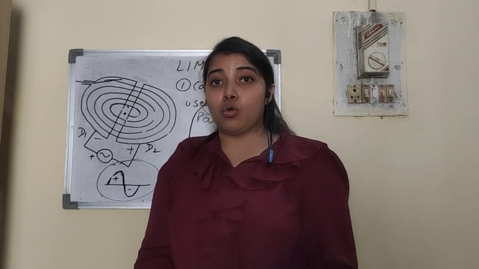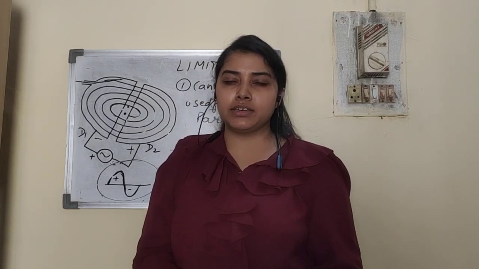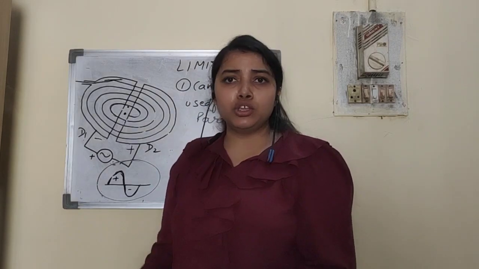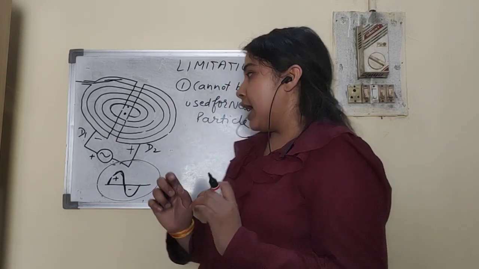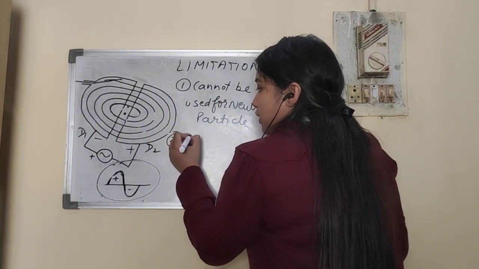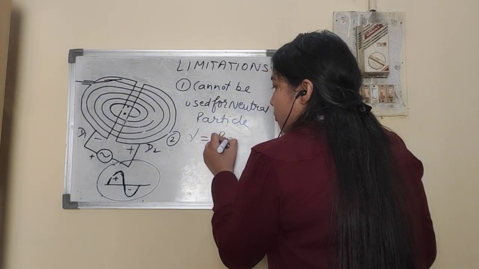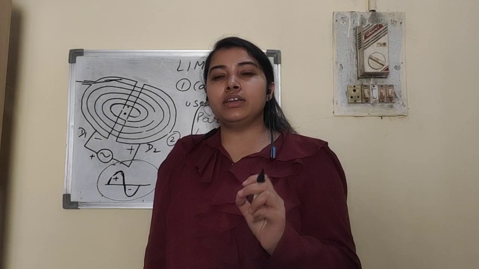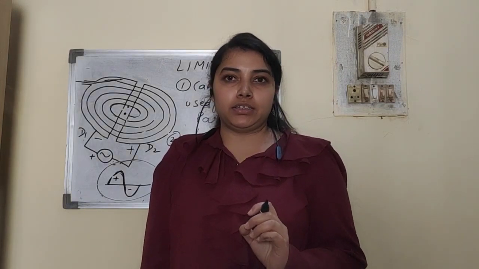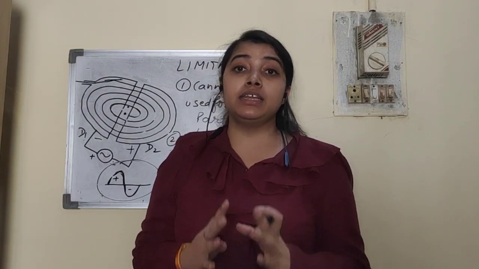An electron cannot be accelerated by a cyclotron. Why? It has a negative charge, so it seems it can be used, but no. I told you that the frequency of the oscillator is BQ by 2 pi m. Now you know that an electron is a very light particle. The mass of the electron is very, very small.